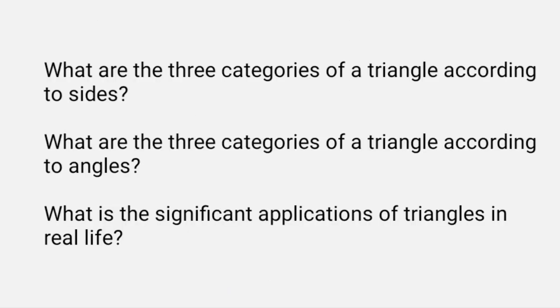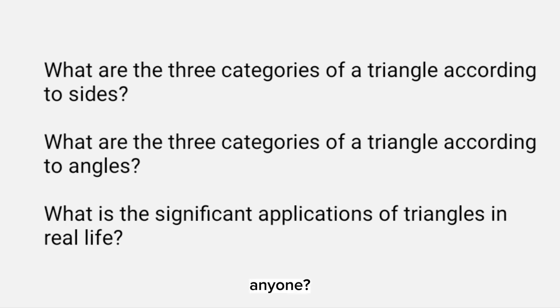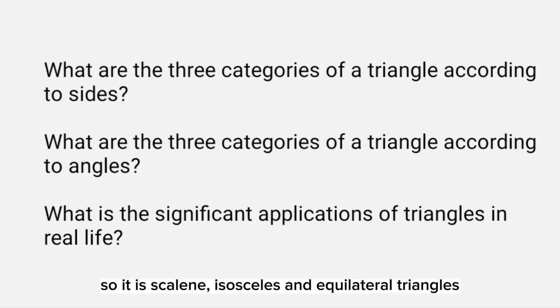Now, I have here some questions. What are the three categories of a triangle according to its sides? Anyone? Okay, it is scalene, isosceles, and equilateral triangle.